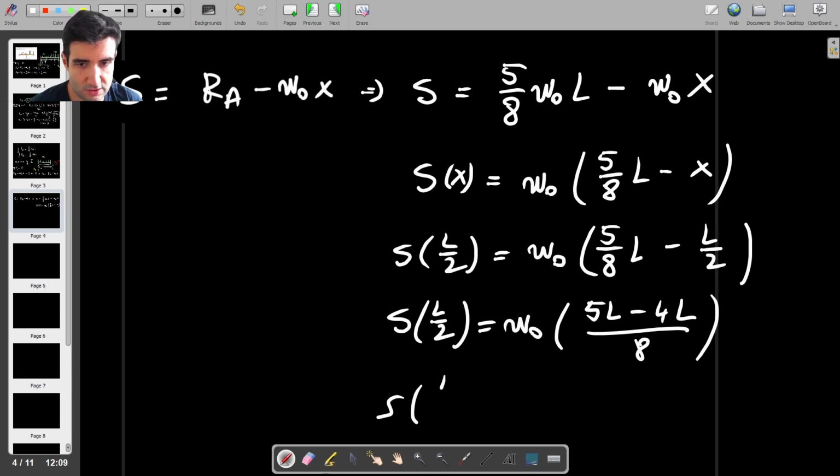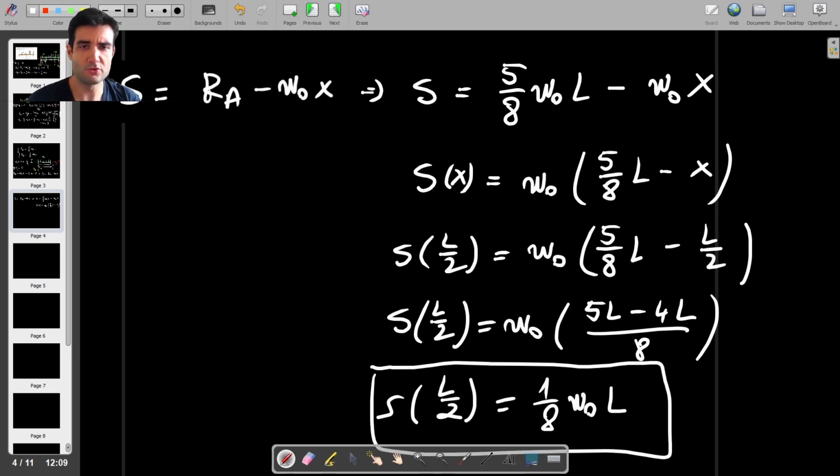So the shear force at the center will therefore be 1 over 8 W naught L, which will allow us to plot exactly how the straight line is going to look, because in case you haven't figured out, the shear force will be a straight line, right? It's a first order function because it just depends on x, and of course this is a constant.